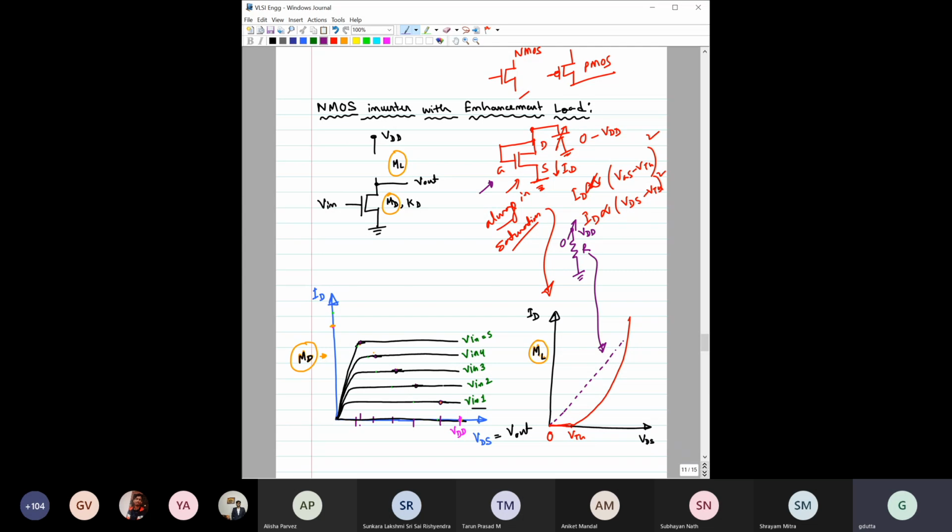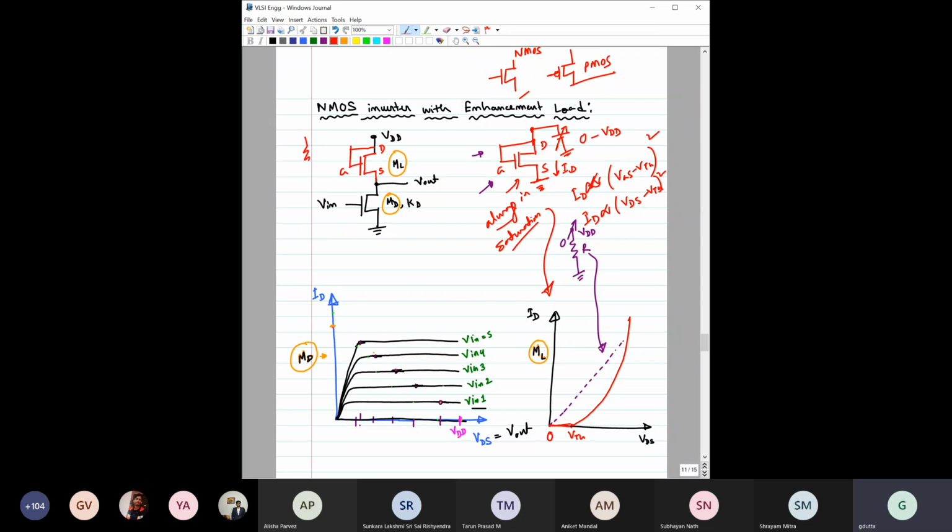The advantage you can obviously see is that we are now able to replace this resistor, which takes a very large area, by a very small transistor. So we connect this: this is G, this is S, this is D. This is basically the load.